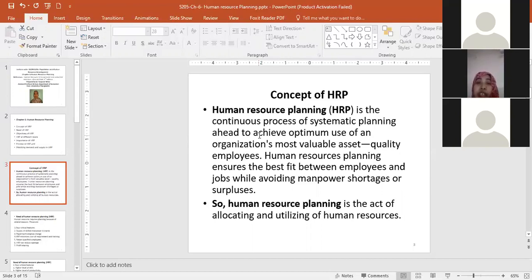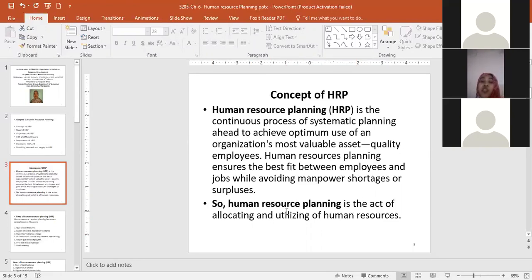For the quality employee. Okay. So in a sentence, we can say the act of allocating and utilizing the human resources.